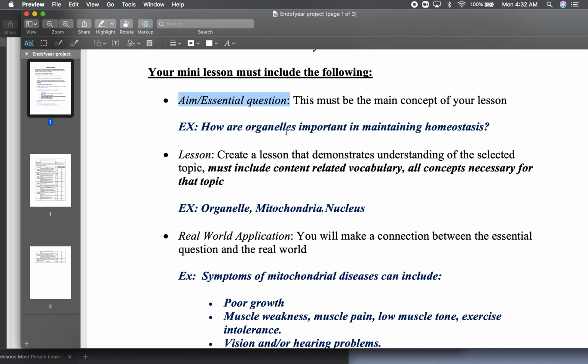You are all familiar with what an aim and an essential question are, but in case you don't know, this must be the main concept of your lesson. For example, if I chose the topic cells, an aim or essential question I could use would be, how are organelles important in maintaining homeostasis?